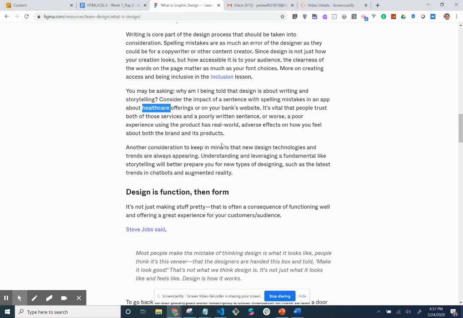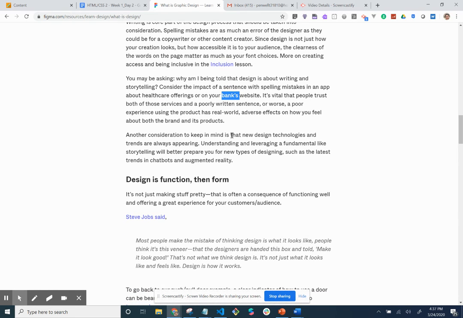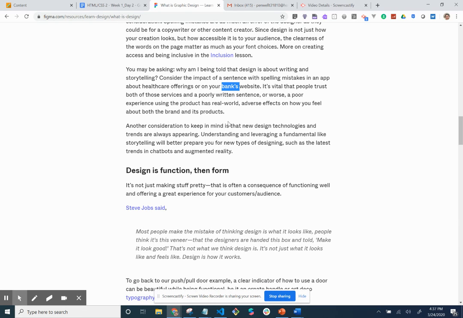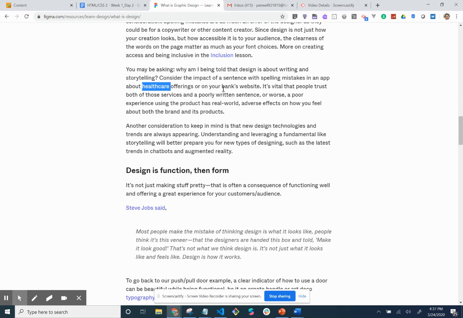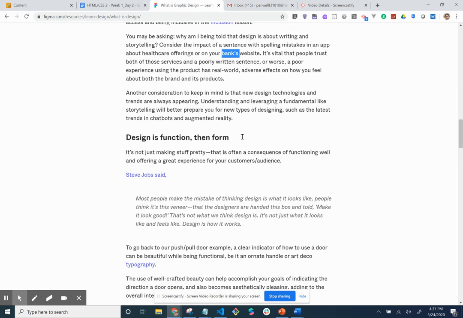In something like healthcare, yeah, you don't want to see that. Or your bank. There are some websites and sources that you need to be 100% accurate. Like my typos in emails and so on and so forth. But if it's healthcare or a bank, yeah, it's a bigger deal.